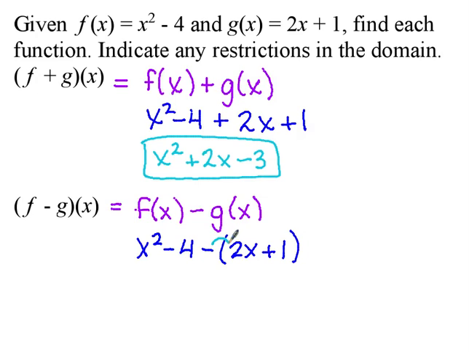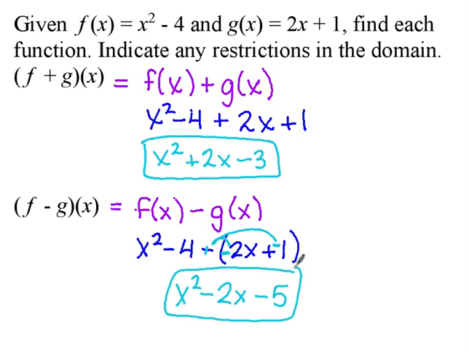Distribute that negative to both here and here. So really it becomes a negative 2x and a negative 1. So your final answer will be x squared minus 2x, good, minus 5. Nice job. Questions? Pretty straightforward, okay?